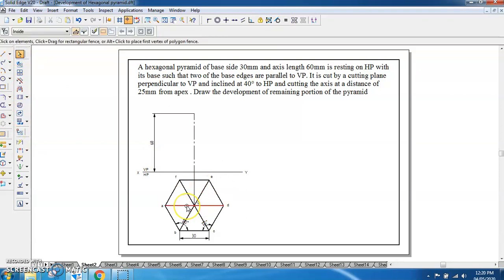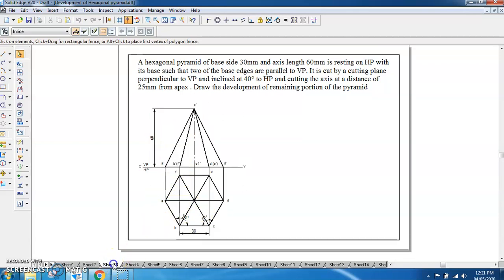So all the points are converging here. Further we are taking the projector from this O and we are taking the axis length as 60. So with respect to this axis length 60, we are projecting all the points for the front view and we are getting the front view in this way.